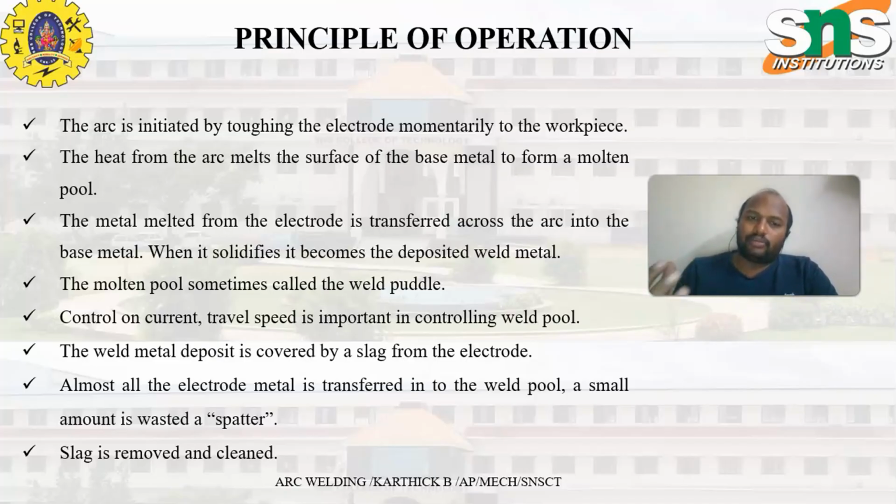The arc temperature is around 5000 degrees Celsius, so the electrode, which has a melting point of around 1100, gets melted and is deposited over the welding surface. The flux coated over the electrode forms a shielding atmosphere around the weld area so that proper welding happens. This is the major, ancestral, and most followed welding type.